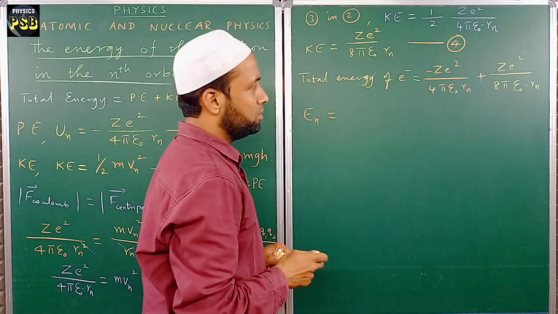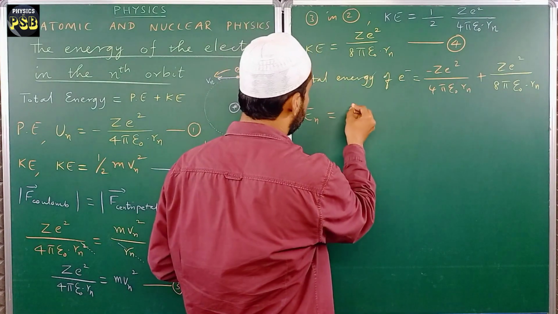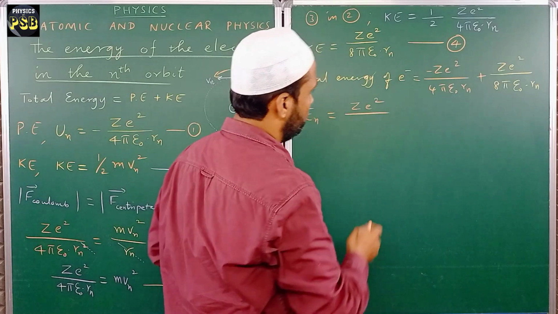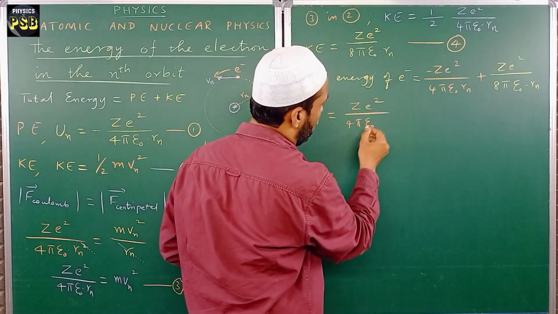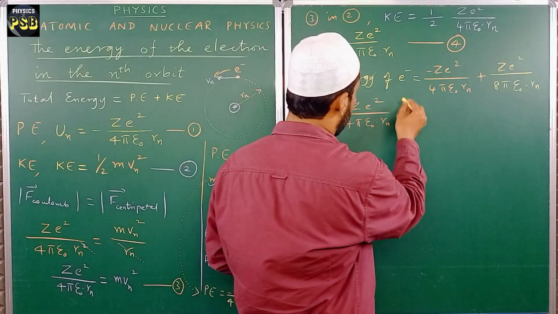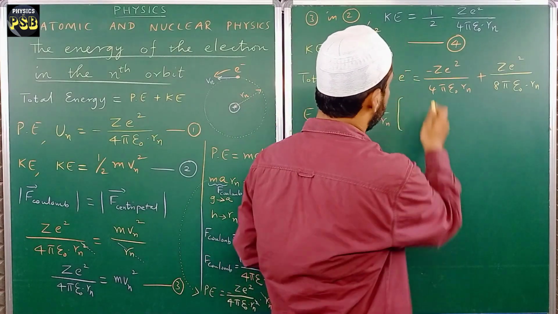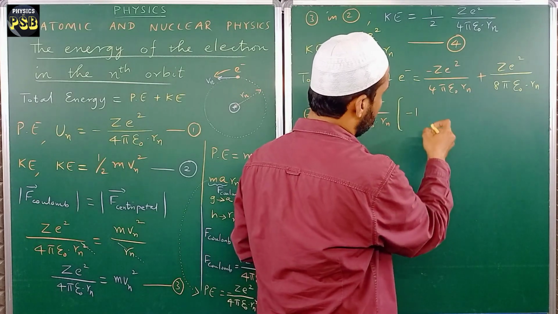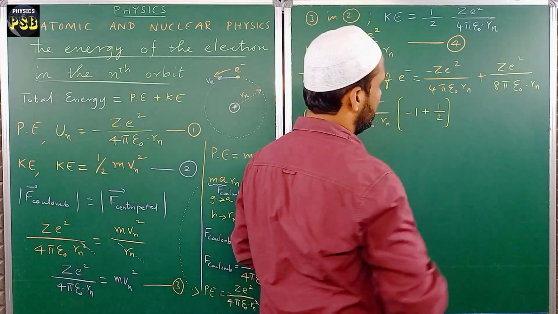Now I'll take the common term outside. What is the common term here in both? The common term is Ze². 4 is present in both, so 4πε₀ Rn. By taking out this, what remains is minus 1 plus half.